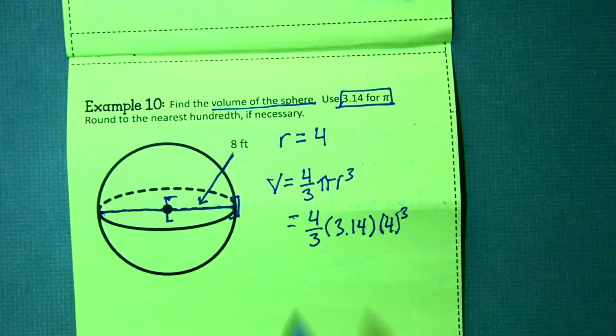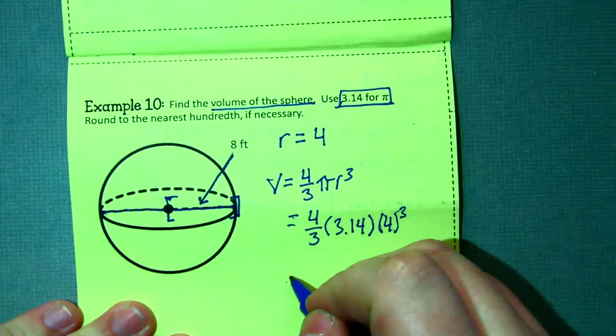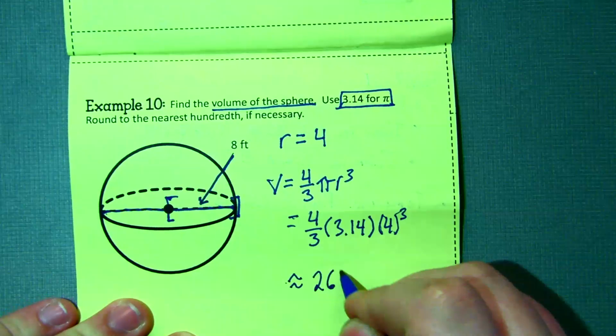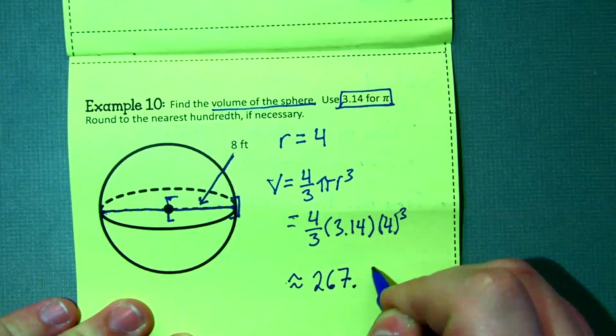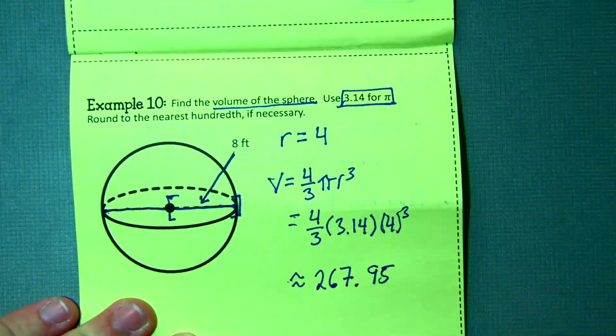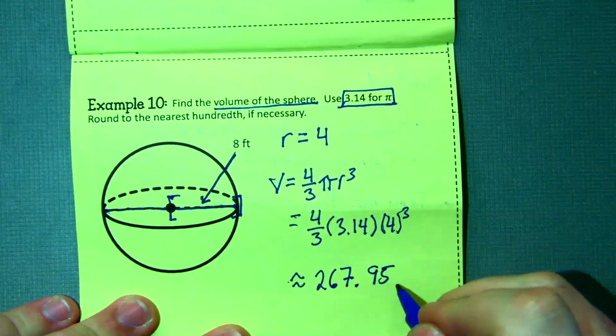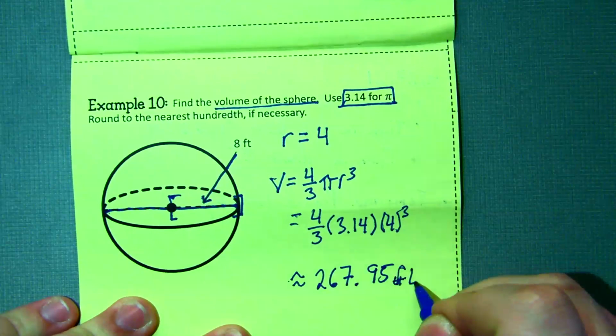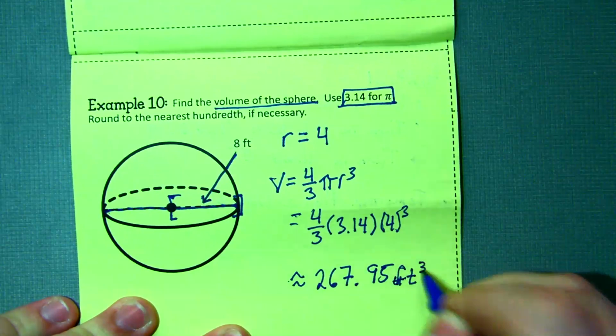And mine spits out, once we round, approximately 267.95 feet. We take feet cubed.